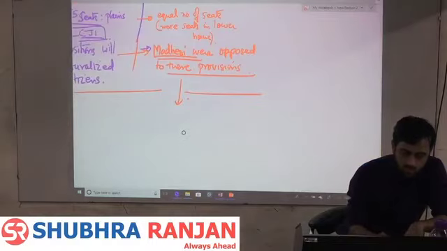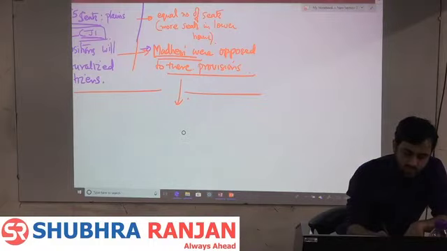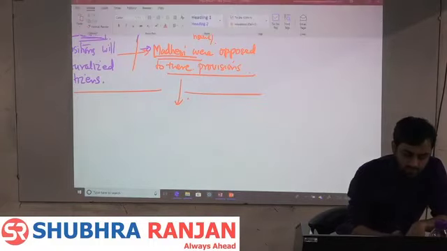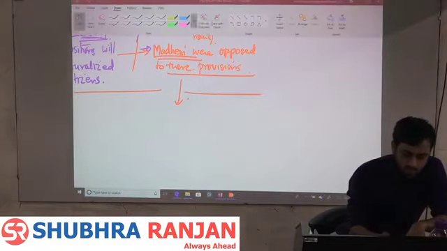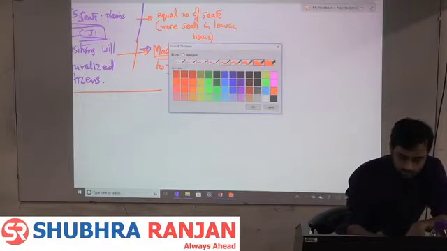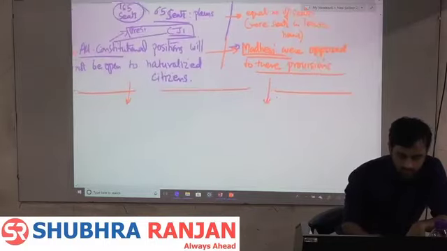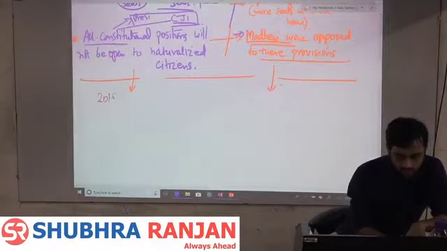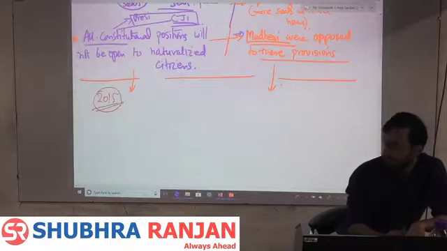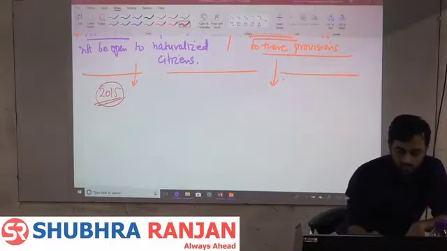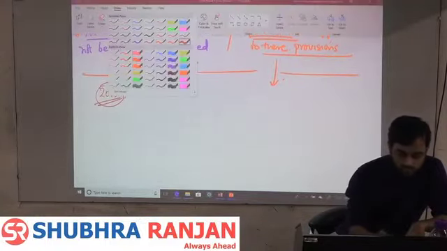When this constitution was put in place, the Madhesi said, "Arey, this is not fair. This is unfair." So what happened was the Madhesi blockade. In 2015, they adopted this constitution, and the result was that the Madhesis came out in open protest.